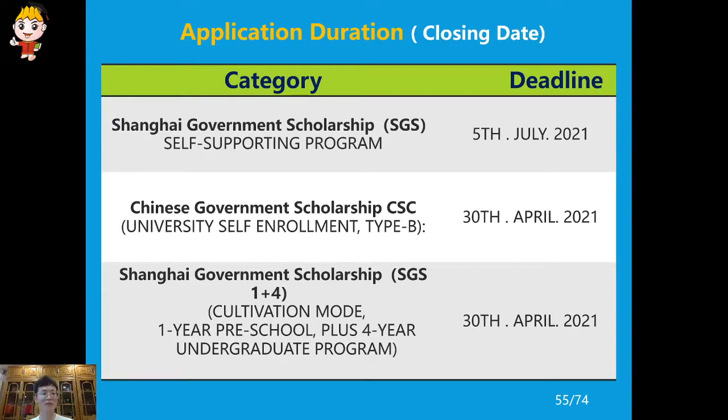The second group is Chinese government scholarship, we call it CSC. CSC for short. The deadline is April 30. April 30. And the last one is the Shanghai Government Scholarship 1+4 mode. That means 1 year preschool plus 4-year undergraduate program. The deadline will be around 30 April. So it's very basic information.